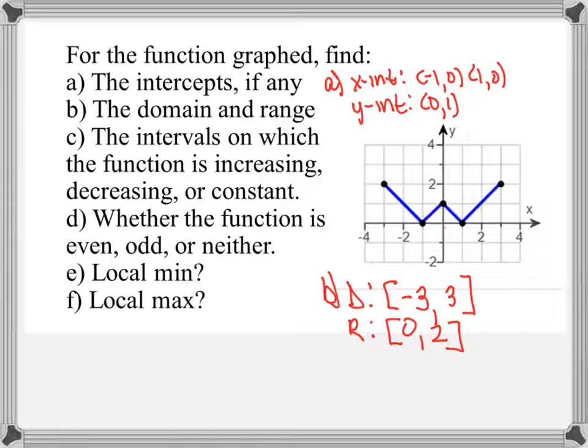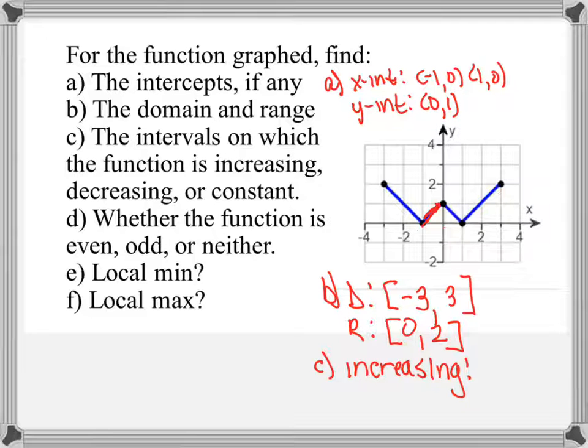C, we want to know the intervals on which the function is increasing, decreasing, or constant. So this function is increasing on this interval right here. And what we want to identify are the x values for all the points of the function in that area where it's increasing.